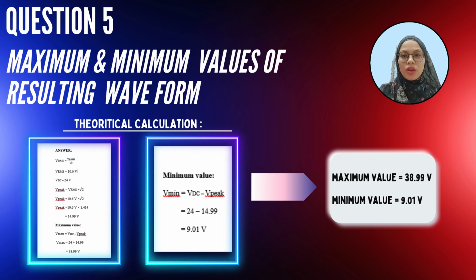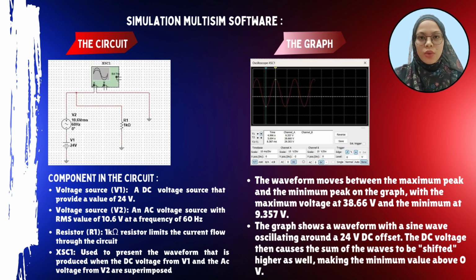And when the sine wave is at its trough, which is negative 14.99, the total voltage is Vmin equals VDC minus V peak, where 24 minus 14.99, and we get the minimum value of 9.01 volts.